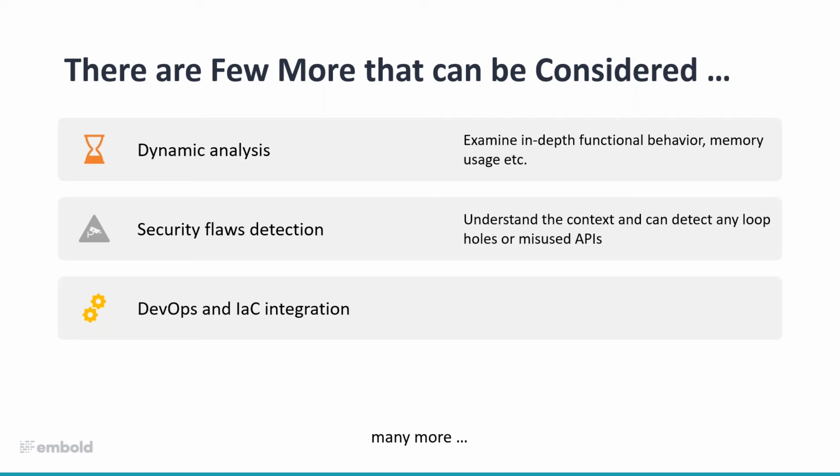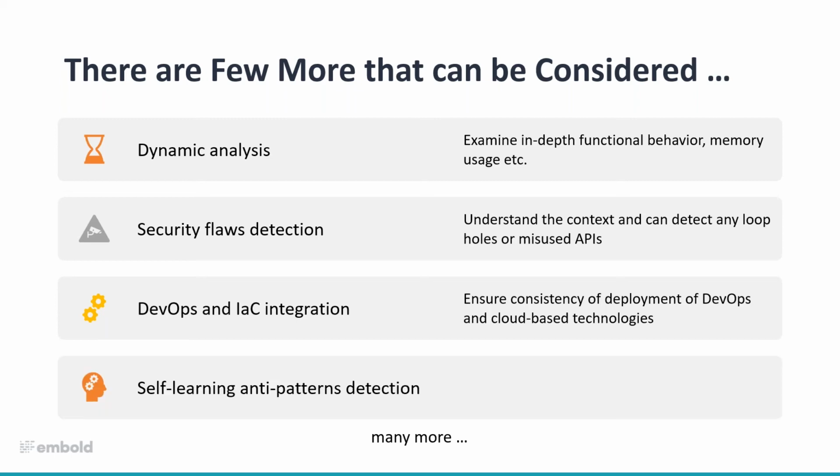It would also be nice to integrate this static code analysis tool into the DevOps server and the infrastructure-as-code server as well. And as I said at the beginning, it would be nice to have AI, I mean self-learning anti-pattern detection.